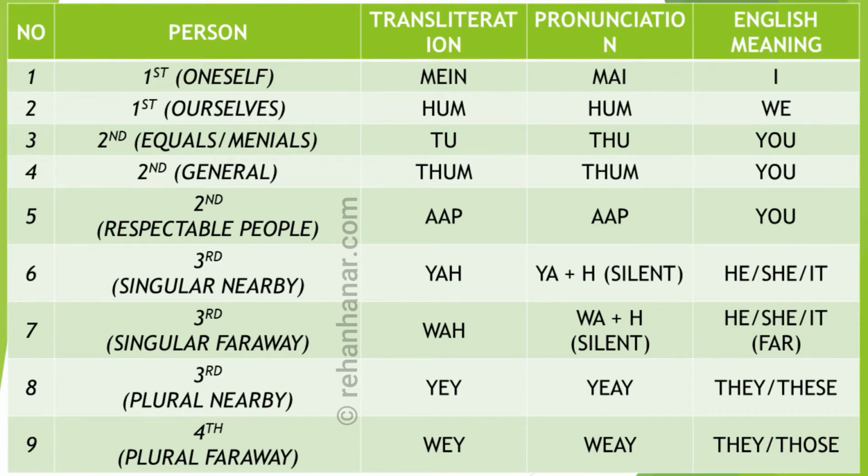Wah is for the persons and things far away. These are the singular third person wordings.